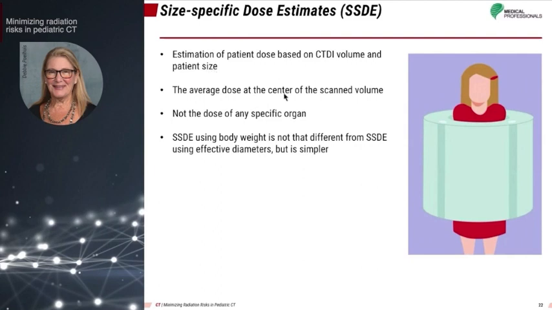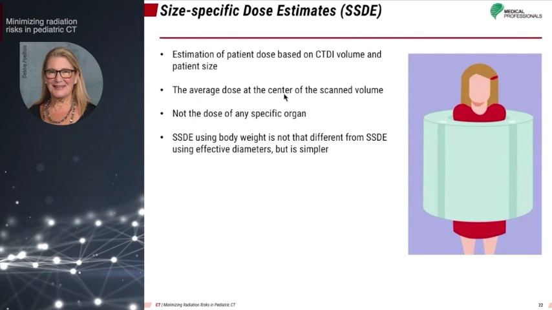The report provides two tables of conversion factors to determine SSDE. One for use with volume CTDI reported with a 32 centimeter phantom, and one for a 16 centimeter phantom. In other words, these tables convert reported volume CTDI to a corresponding size-specific dose estimate, which is based on the patient's size effective diameter.